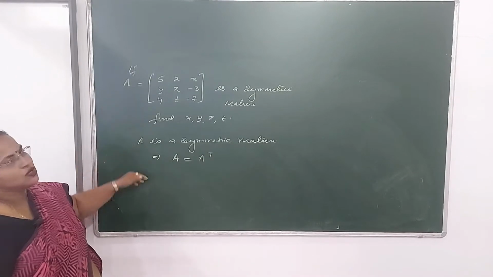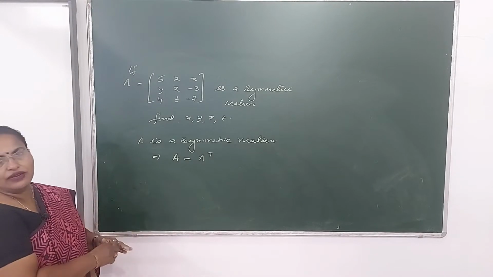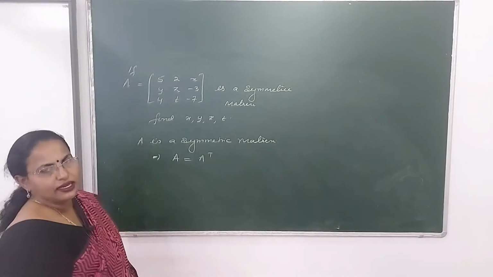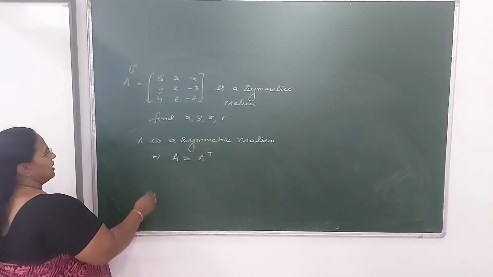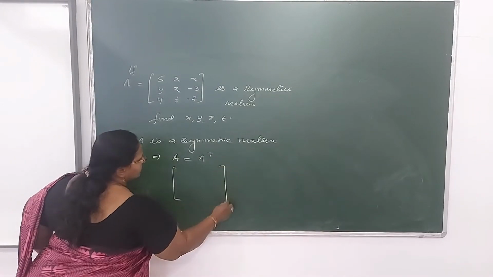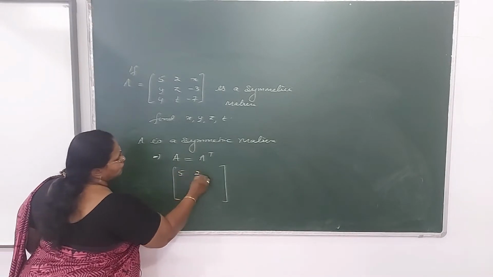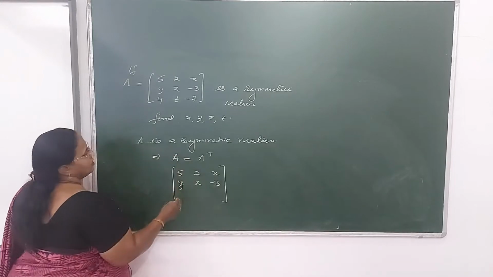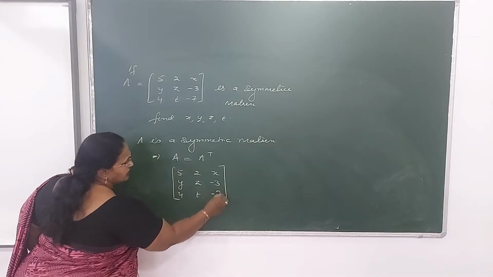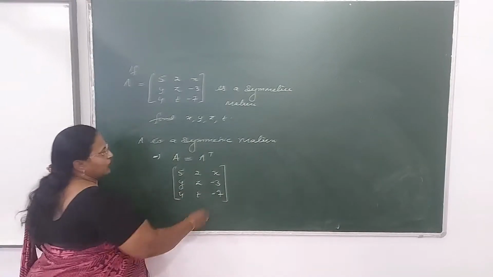So, write down A transpose, then compare the entries and that way you can get the value of x, y, z, t. So, what is A here? A is the matrix 5, 2, x; y, z, minus 3; 4, t, minus 7, equal to its transpose.